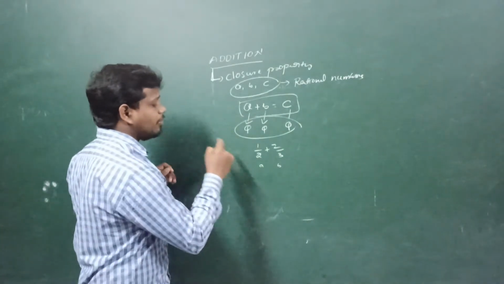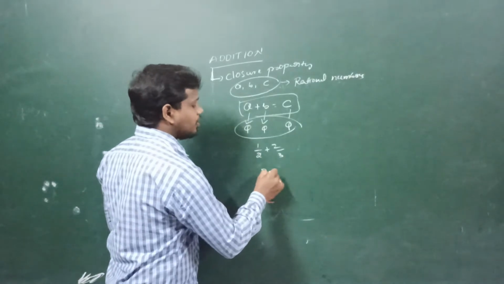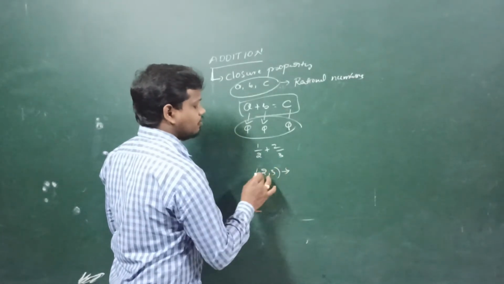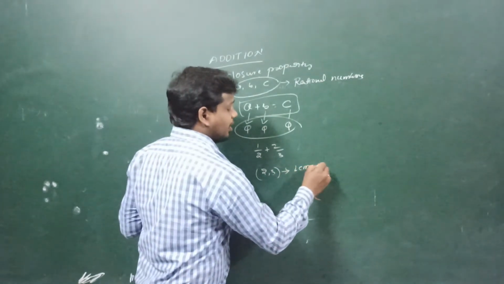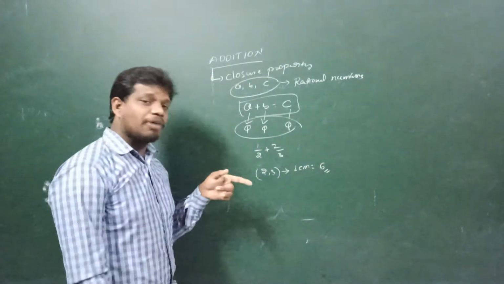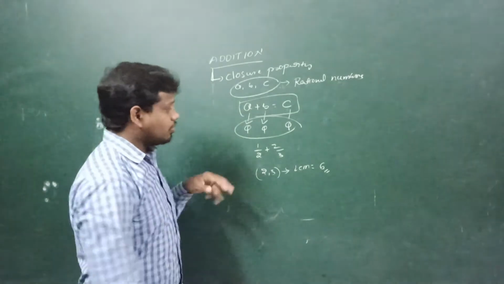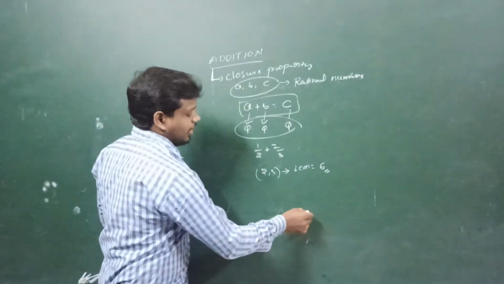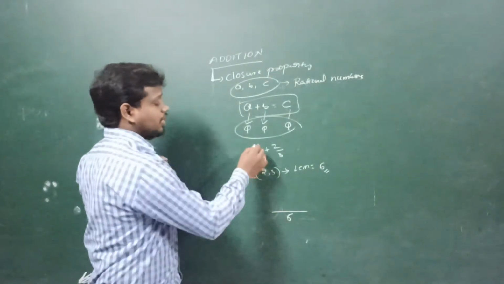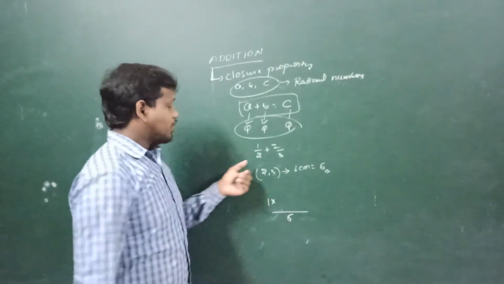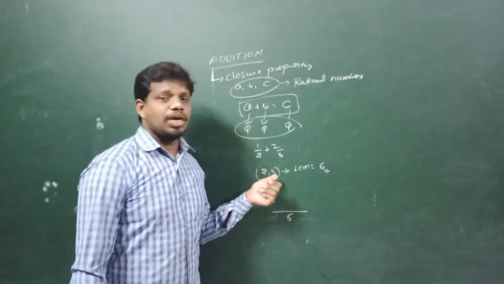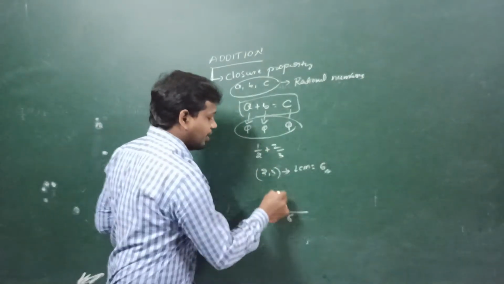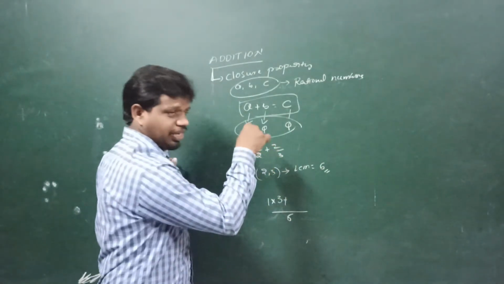So what are the denominators here? 2 and 3 are the denominators. What is the LCM of 2 and 3? LCM of 2 and 3 is 6. So now we take the LCM equal to 6. Here 1 into, in the 2 table, when will we get 6? 3s are 6, so we multiply this numerator with 3.